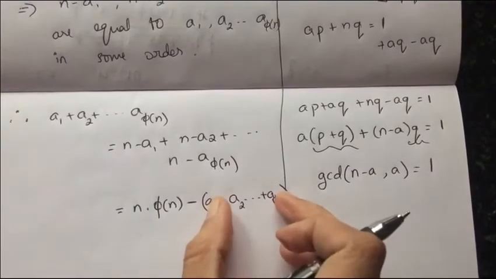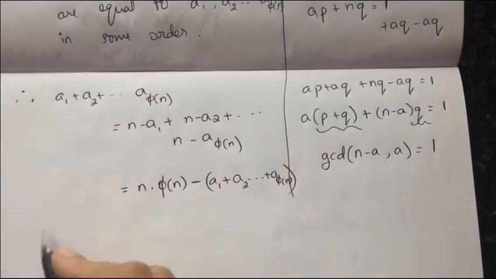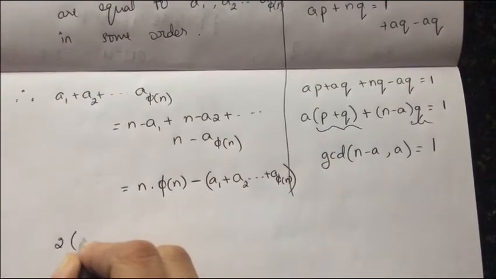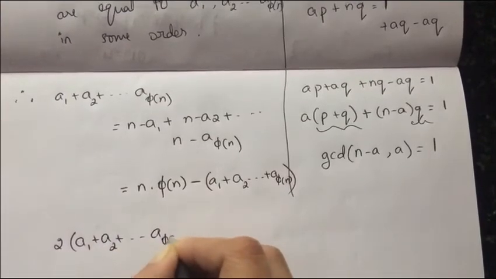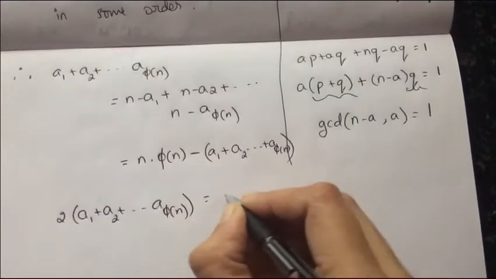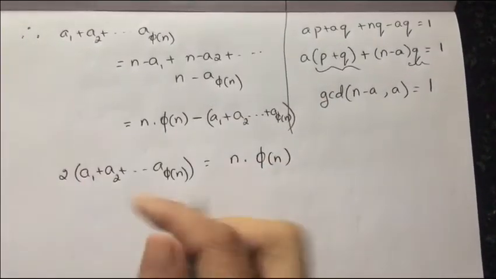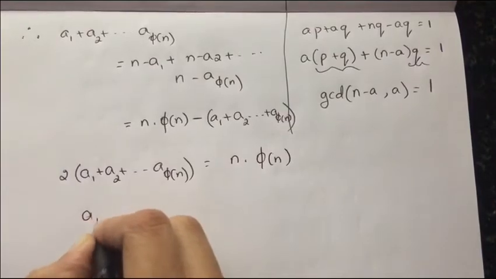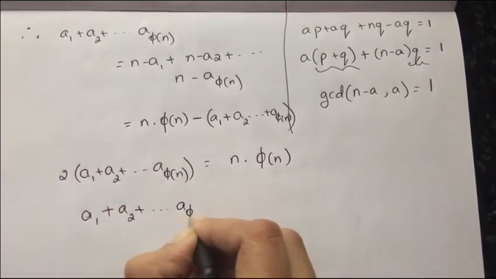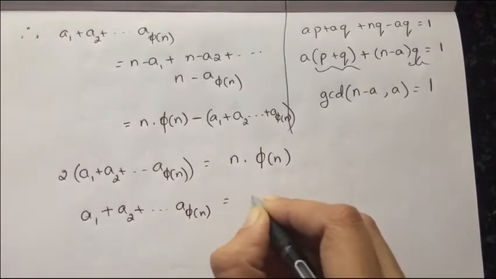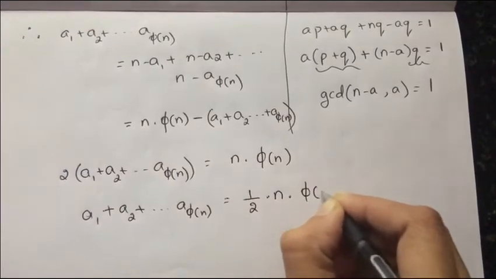Taking this to the left hand side, since a1 plus a2 is already there, twice of that, a1 plus a2 up to a phi of n, is equal to n into phi of n. Taking 2 down, a1 plus a2 up to a phi of n is nothing but half into n into phi of n.